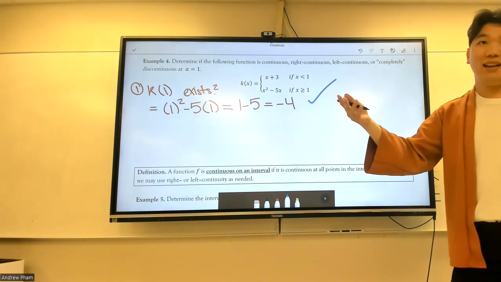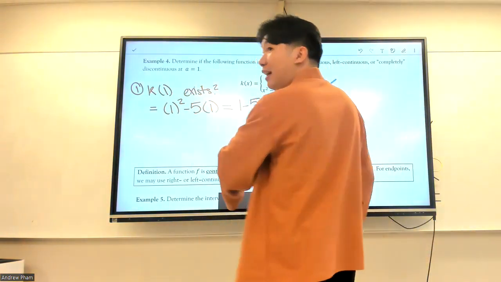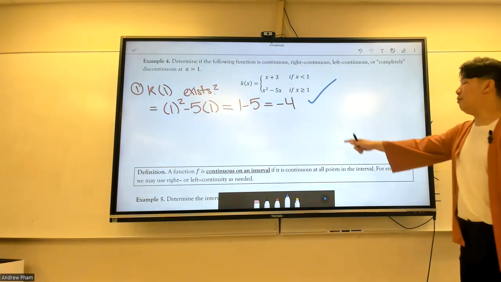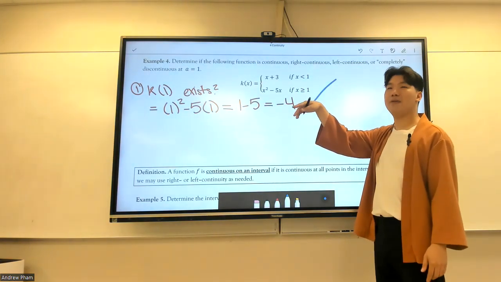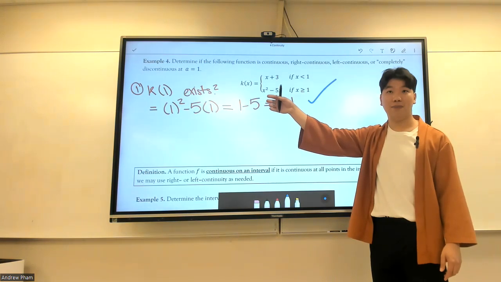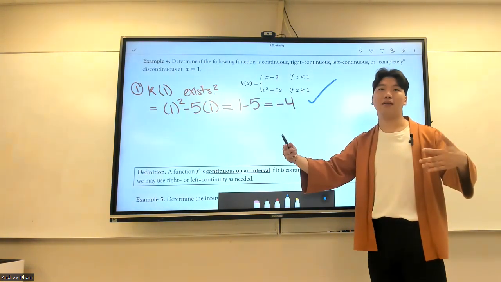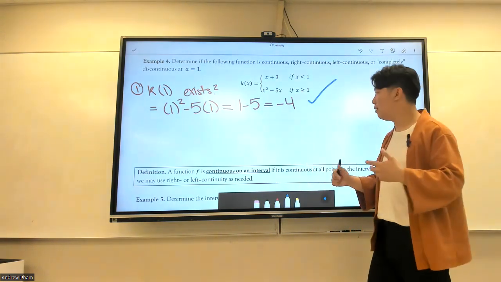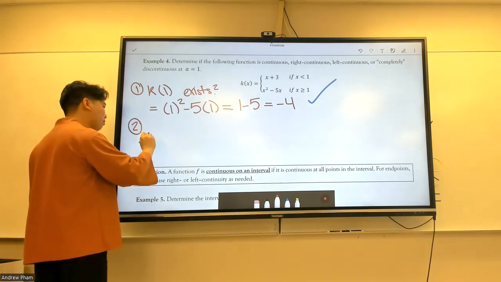Yeah, you would be to the left. Smaller than 1 means that quite literally on the number line, you are to the left. So to find a two-handed limit, one thing I can do is find the left-hand limit first. Because to get the two-handed limit, I can find the left and find the right, and that's going to tell me everything I need. So for part 2, let's find the left-handed limit first.